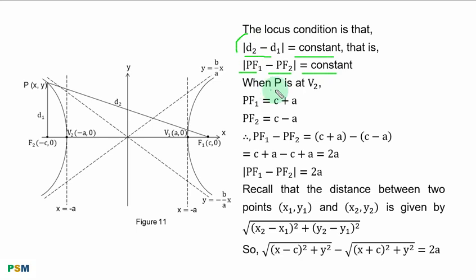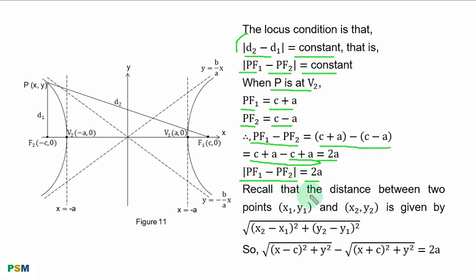When P is at V2, PF1 is equal to c plus a, and PF2 is equal to c minus a. Therefore, this difference is equal to this. If you open the bracket, you have it in this form. c minus c is 0, a plus a you have 2a. Therefore, this difference is equal to 2a.